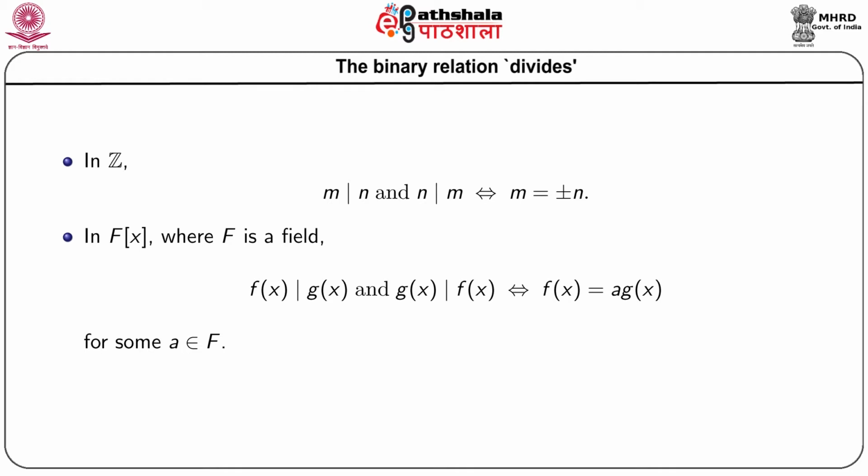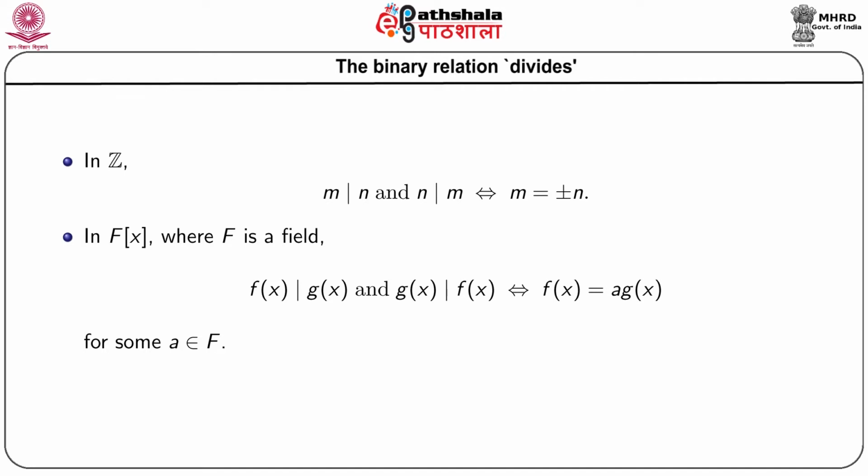Thus, we see that in Z or in F[x], if two elements a, b divide each other, then either b is a unit multiple of a or a is a unit multiple of b.